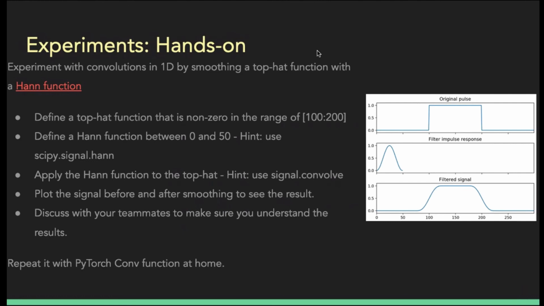Then we will define a kernel that is a smoothing kernel. For this one, we are going to use the Hann kernel. I'll show you how to use it. Here, scipy.signal.hann, between 0 and 50. So you say Hann 50, that defines the function for you between 0 and 50.